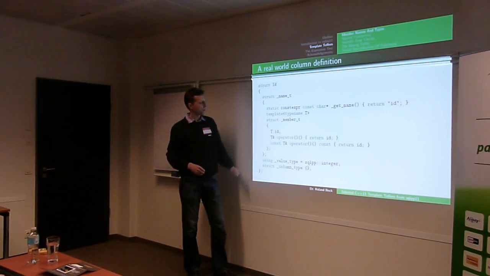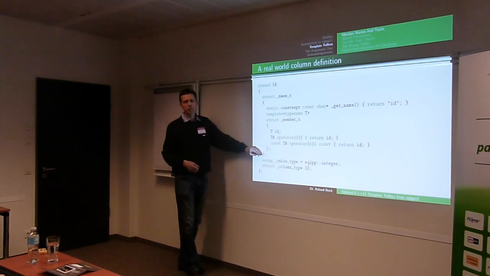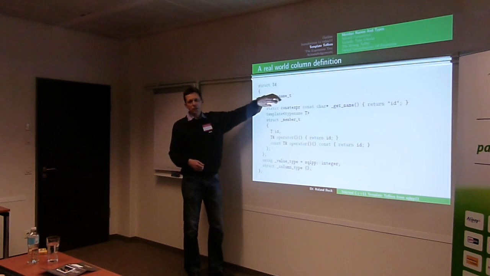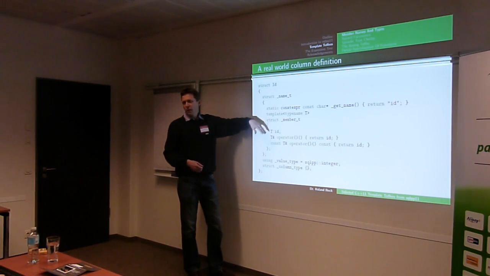The reason you need the name T is just to have this get name function in there, and even though there are these template aliases, in some situations it's just easier to hand types around and not templates.